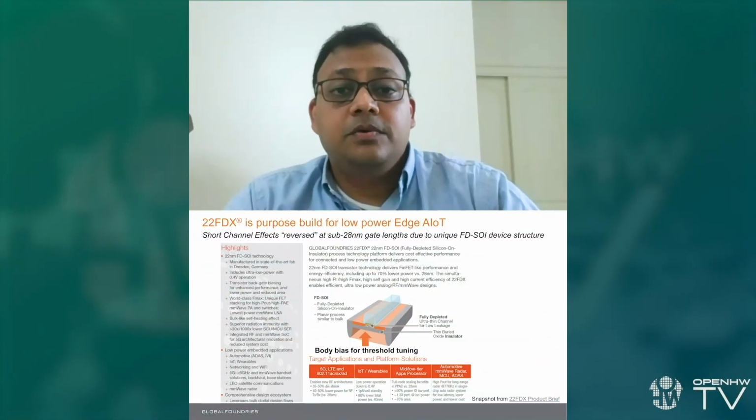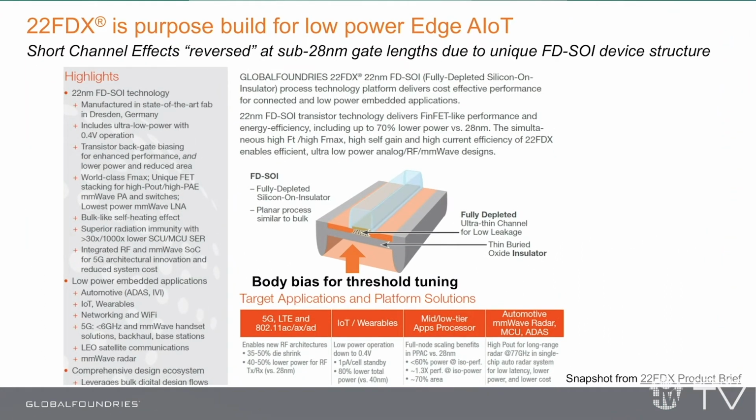Okay, so that completes my overview of 22FDX. One of the things I want to highlight as I leave is that this is absolutely perfect technology for Core-V MCU development. Not just today, but even for future generations, because this gives you enough juice in the technology to develop not just for today's MCUs, but also for edge IoT applications going forward, where you see more and more AI coming into the picture.